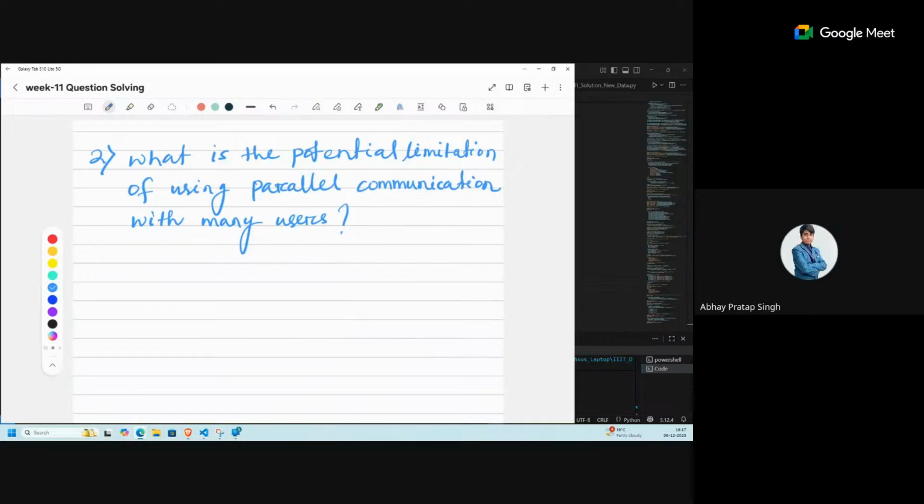Distortion or mixing. In the previous case, whatever we discussed, mixing was not there. From those options, can you tell me the major limitation? Ma'am, it is not easy, more wires.